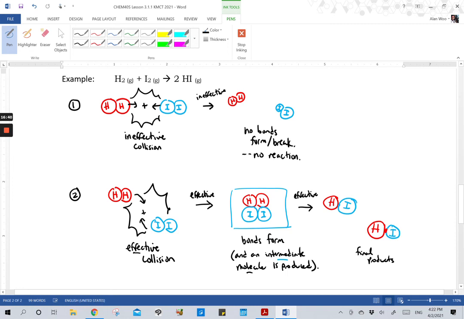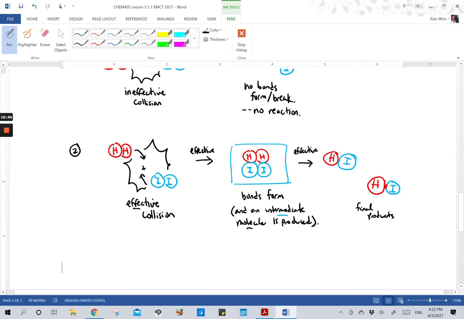and we basically say that any factor that increases the number of effective collisions will therefore increase the rate of reaction.